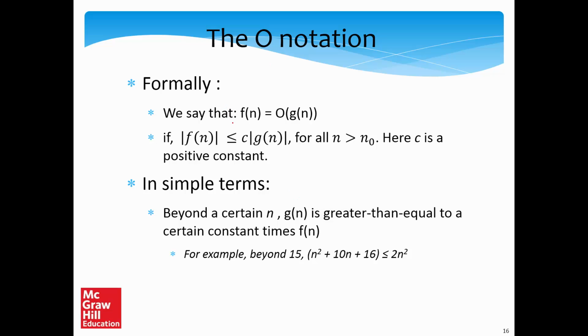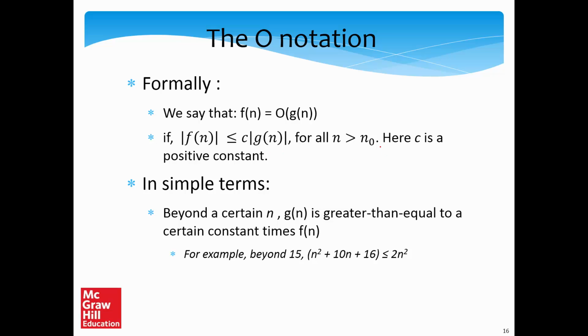Formally we say that a function f(n) is big O of g(n) if f(n) is less than or equal to a constant c times g(n) for all n greater than some n0, where c is a positive constant.